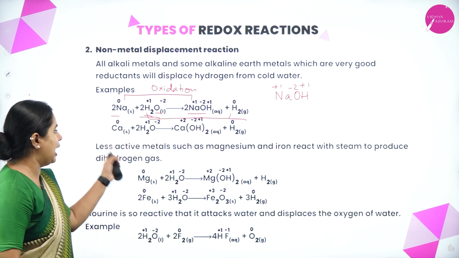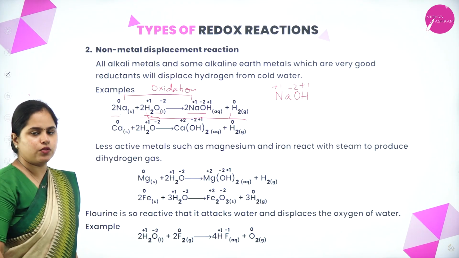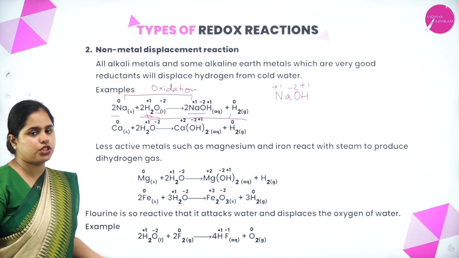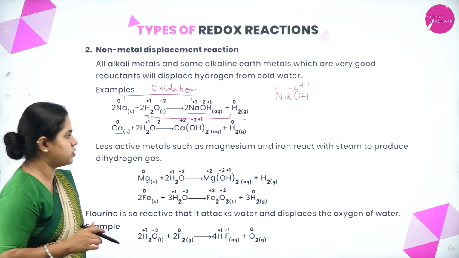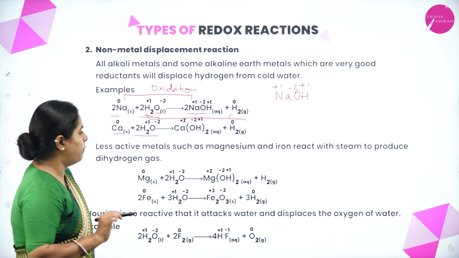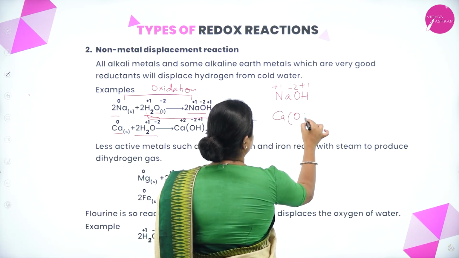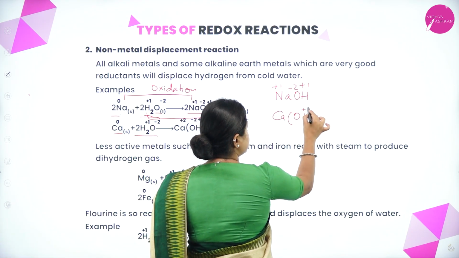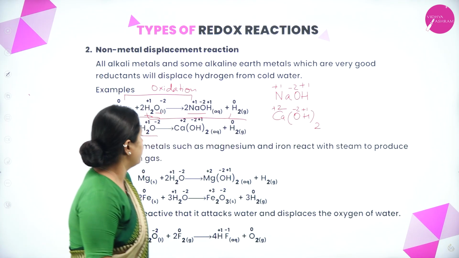Now another example, calcium also can displace hydrogen from water. So calcium reacts with water to form calcium hydroxide, and hydrogen gas will be liberated. Here also calcium is in its elementary state, so 0. Hydrogen in water is +1 and oxygen is -2. Calcium hydroxide, also Ca(OH)2, right? For hydrogen it is +1, oxygen is -2, calcium will be +2, right?